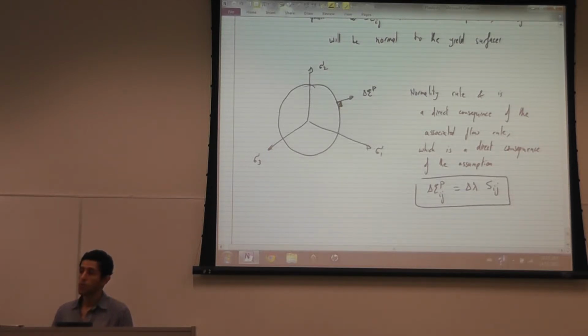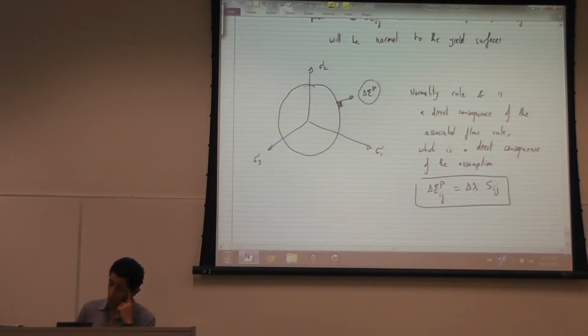Yes? Is there some sort of physical meaning to the normality rule? The physical meaning here is that this vector does not have any component along this line, its projection on this line is 0, which is important.